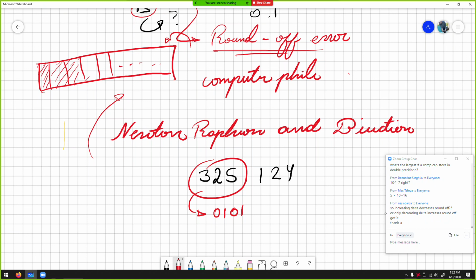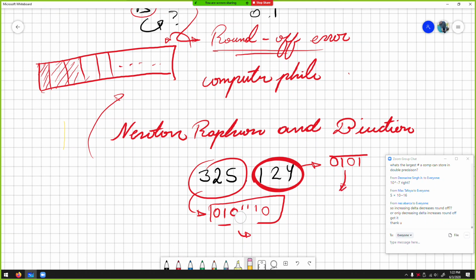It will not be a repeating binary number. The decimal part will convert into a repeating binary number, like 0, 1, 0, 1, with the bar because it keeps going on forever. This doesn't go on forever, this goes on forever. So that's why those types of error exist, because when storing decimals as binary in the computer, they repeat forever.